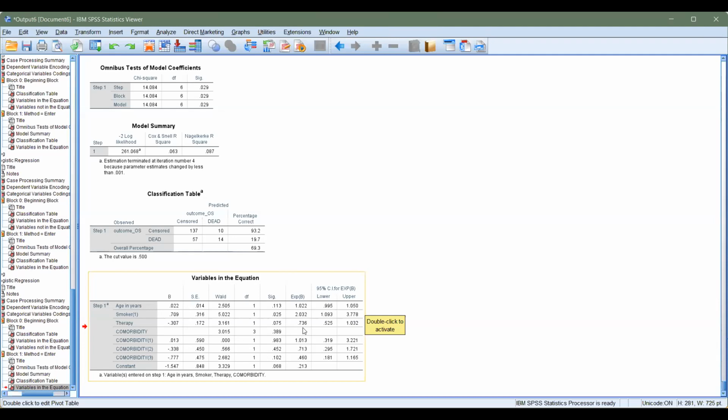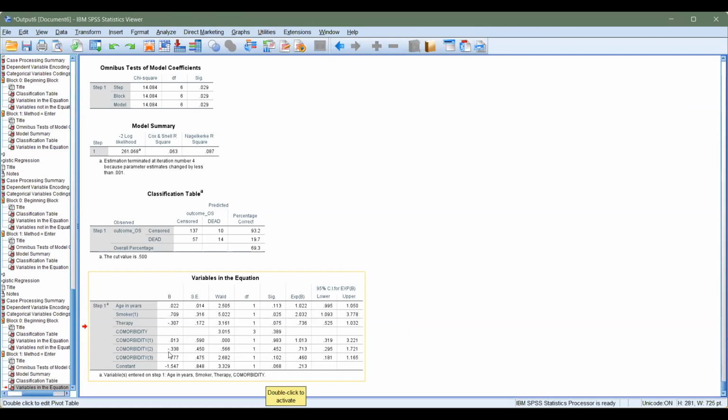Whenever the odds ratio is less than 1, you do 1 minus odds ratio. It is 1 minus 0.74, that means 26%. So if somebody is getting any kind of therapy, 26% of the chances of survival are increasing. That is the interpretation.